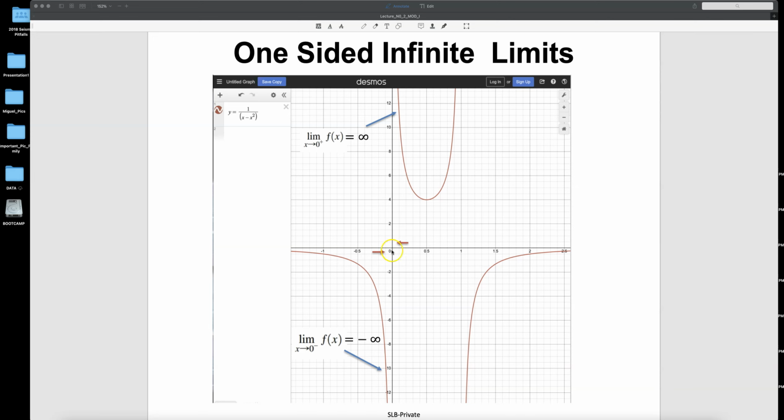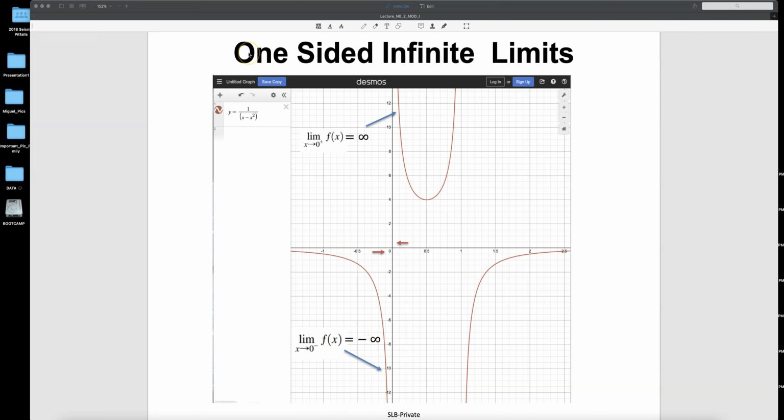So this limit at 0 is going to have one interpretation depending on from what side I approach the number. So the limit of the function when I go to 0 from the right is going to be infinity, and the limit of the function when I approach 0 from the left is going to be negative infinity.